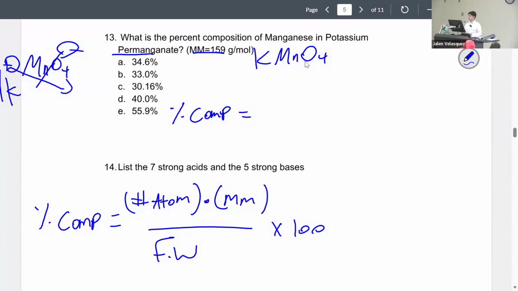It's the molar mass of this thing. So I already gave it to you here to save some time. I know it's formula weight, molar mass, molecular weight, molecular mass, atomic, it's all the same thing. So anybody have an answer for this? What's the answer choice? Yeah, it should be A.